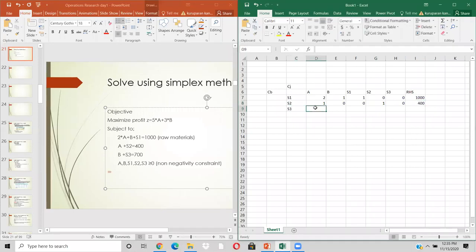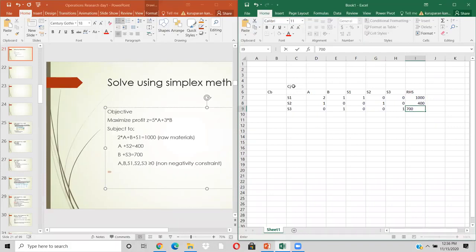How many A's? Zero. How many B's in the third constraint? 1. How many S1? 0. How many S2? 0. How many S3s? 1. What is the RHS? 700.